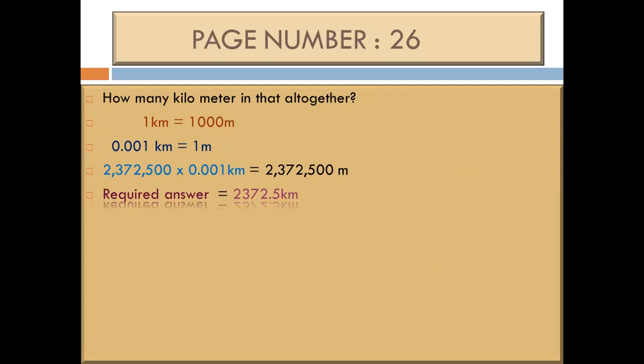When we multiply 2372500 with 0.001, we get our answer 2372.5 kilometers. This is our required answer, and we converted meters into kilometers. Is it clear to you?